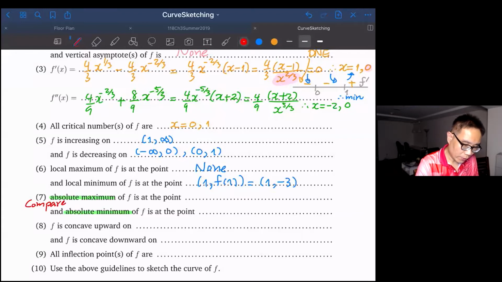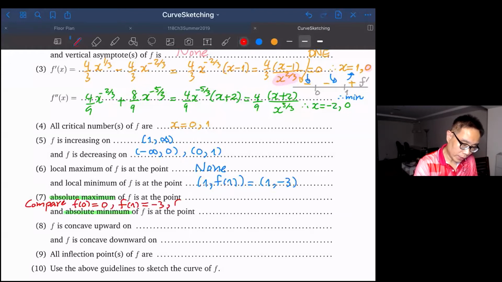Okay, the value at 0: f(0) in this case is equal to 0, and f(1) is going to be -3.